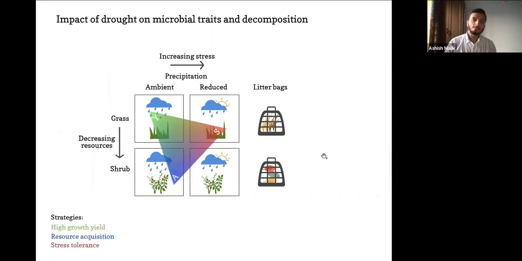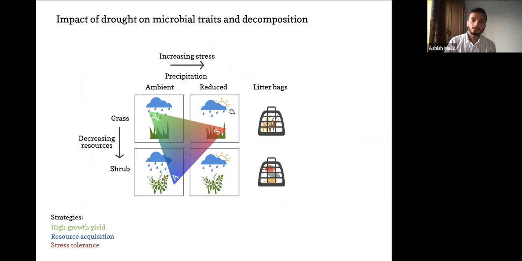So what we hypothesized here is that in the grass ambient precipitation treatment, conditions will be the best for microorganisms, because here the resources are easily available, accessible, and there is less stress. So microbes will excel in the high growth yield strategy.